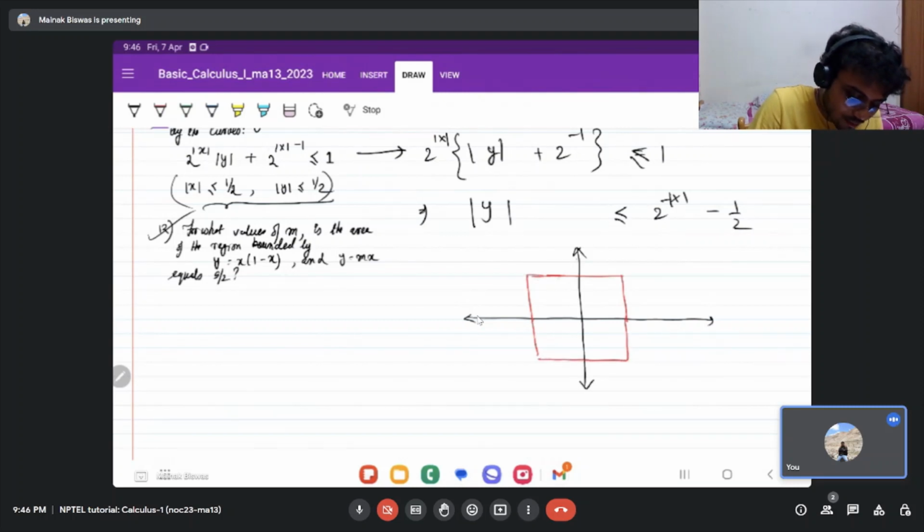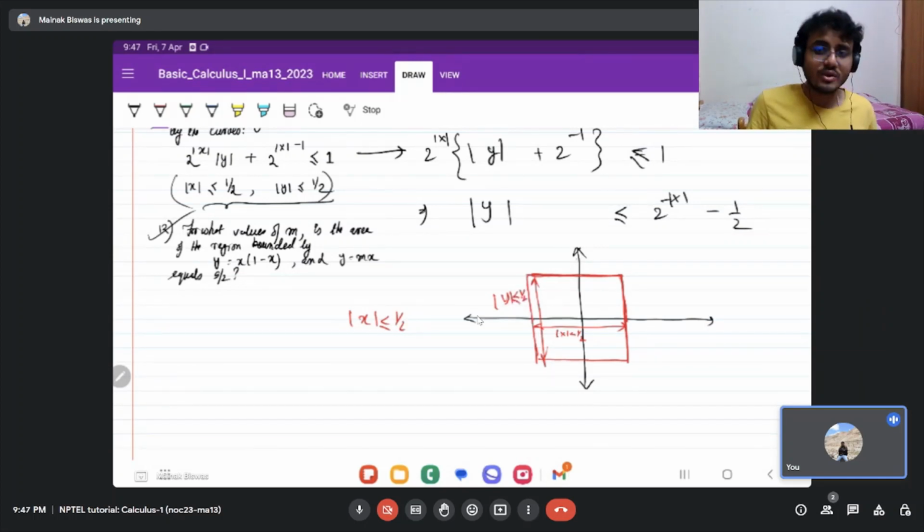This is a wonderful square which is defined as mod x less than half. So mod x less than half means this region. Here mod x is less than half. Similarly, anything here is mod y less than half.